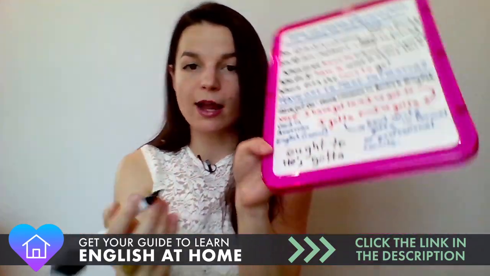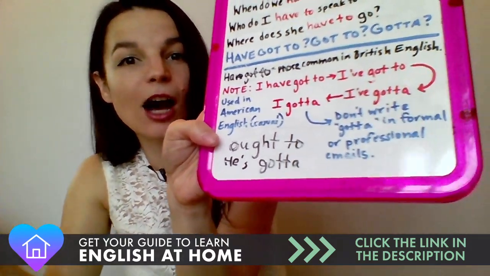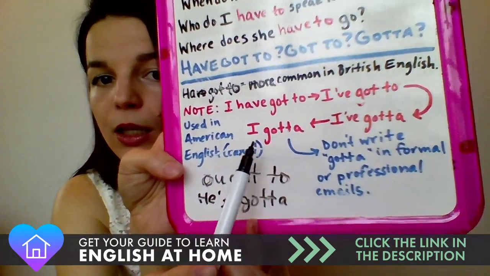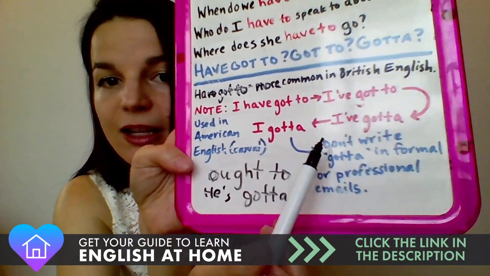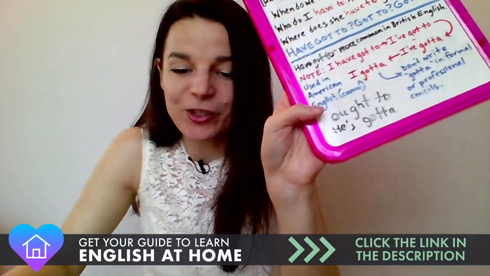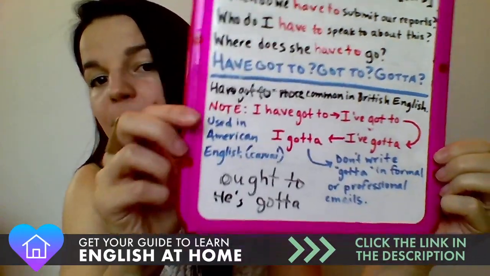So why? This he's is he has got to. That's what that is. But for some reason, when we use the I, you, we, they pattern, we drop this v. It's a weird thing in casual English, but this is how it goes. So please note this.